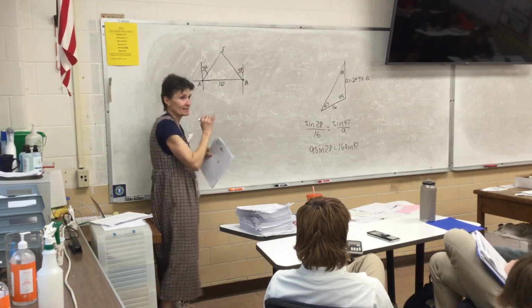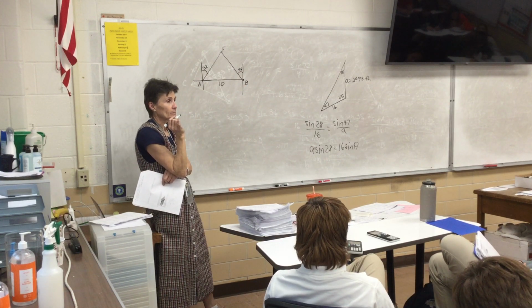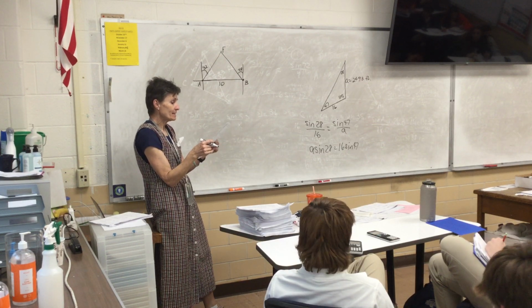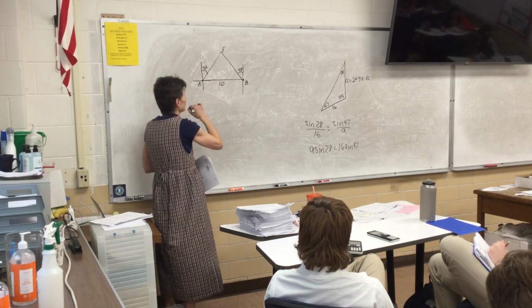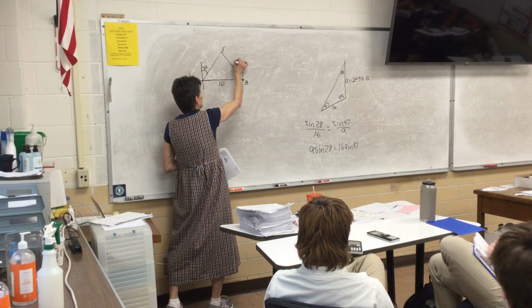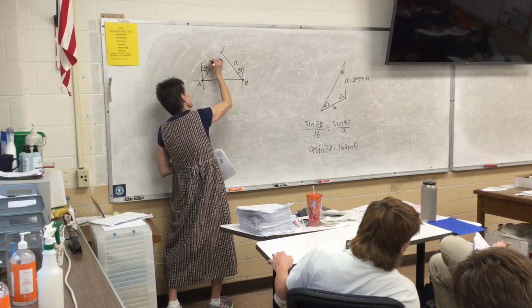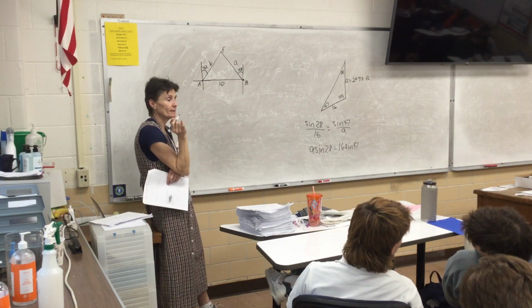Does that make sense to you, the way I have drawn that picture? Find the distance from each ranger station to the fire. So in other words, this would be the distance from B to F, and this would be the distance from A to F. I don't care what letters you use, it doesn't make any difference.